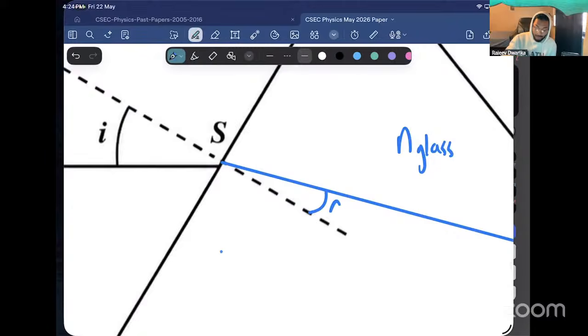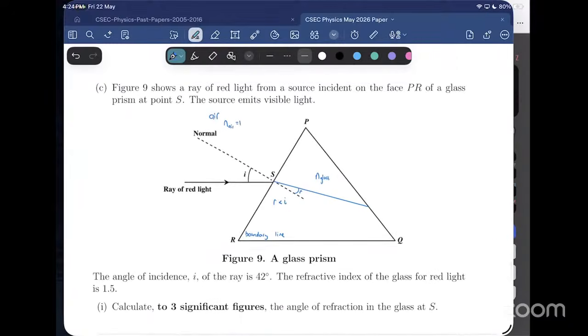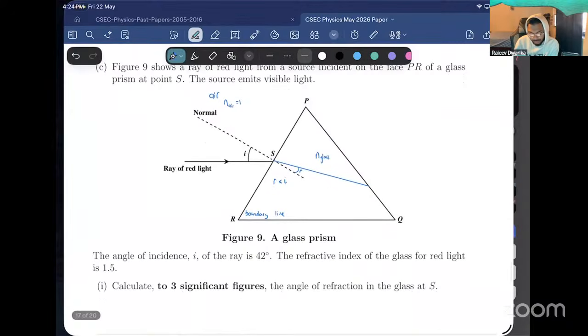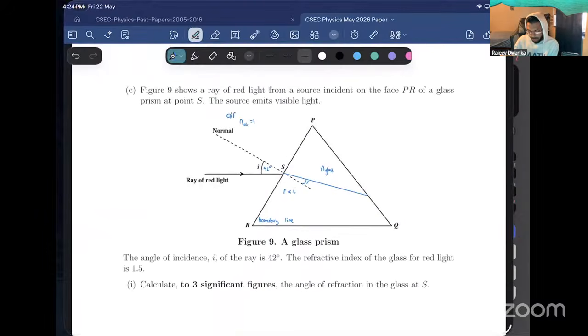And we know that r would be less than i. It's telling us the angle of incidence of the ray is 42 degrees, so this is 42 degrees here. And the refractive index of glass for red light is 1.5.